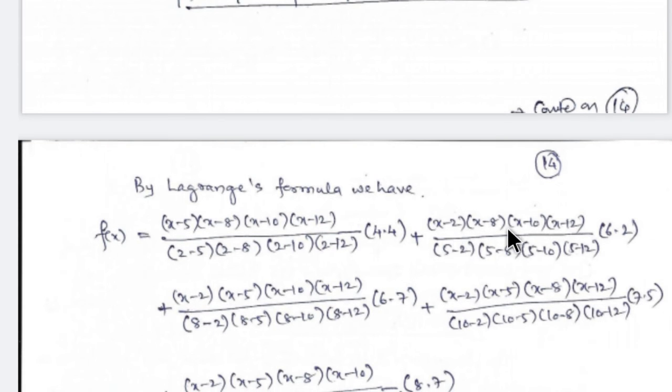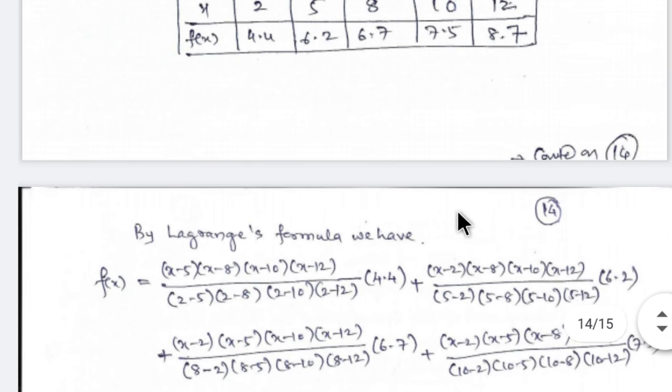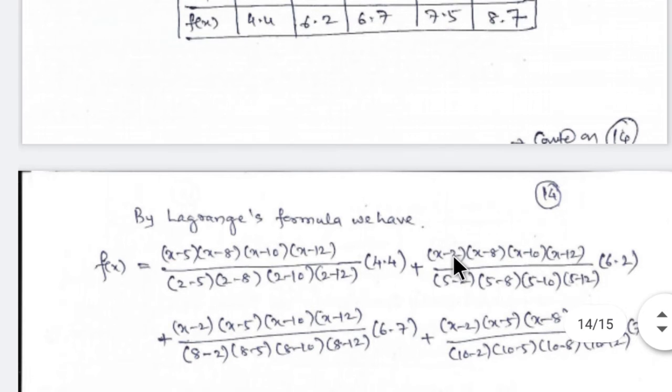In the second term here you have to write x minus x1 here. x minus x naught, x1 is absent. Here (x minus x1) is absent, here x minus x naught, then x minus x2, x minus x3, x minus x4, only 4 brackets.